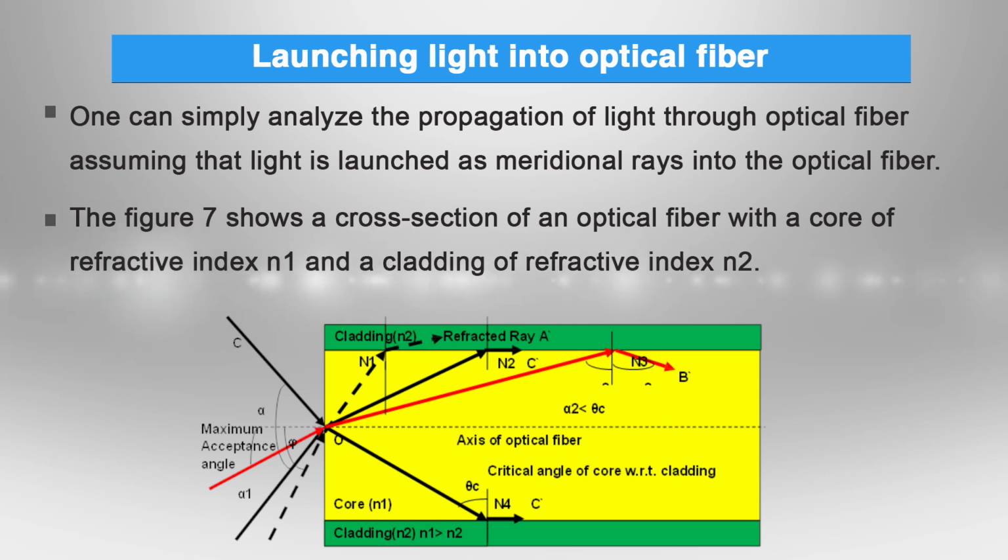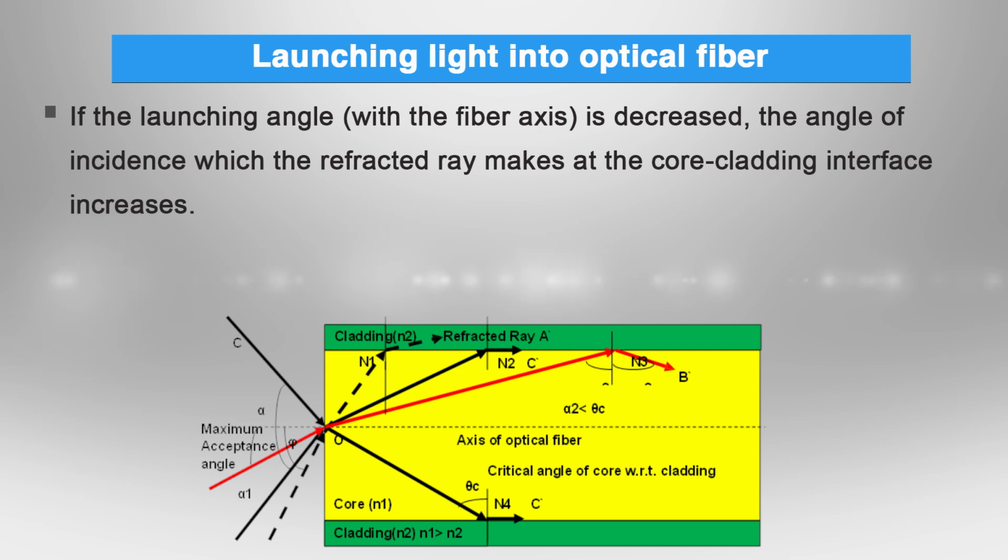In other words, the angle of incidence of a refracted ray at the core-cladding interface in turn depends on the initial angle at which the incoming ray was launched into the fiber. If this launching angle is decreased, then the angle of incidence which the refracted ray makes at the core-cladding interface increases.